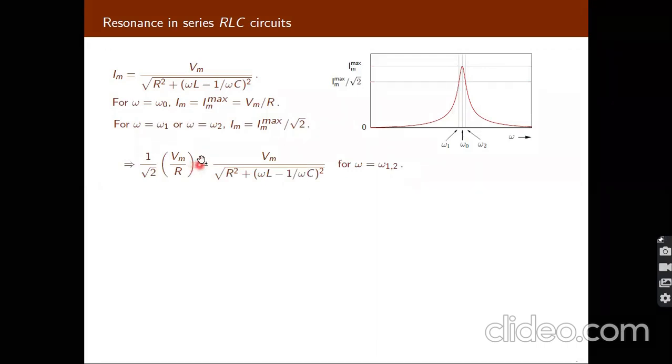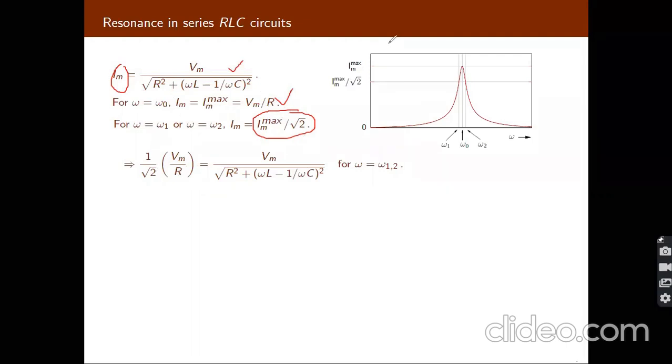Now, what I am doing: Im is equal to Im by root 2, from this equation. So this Im by root 2, I am placing here. So I maximum is Vm by R. So 1 by root 2 into Vm by R is equal to this total equation here.